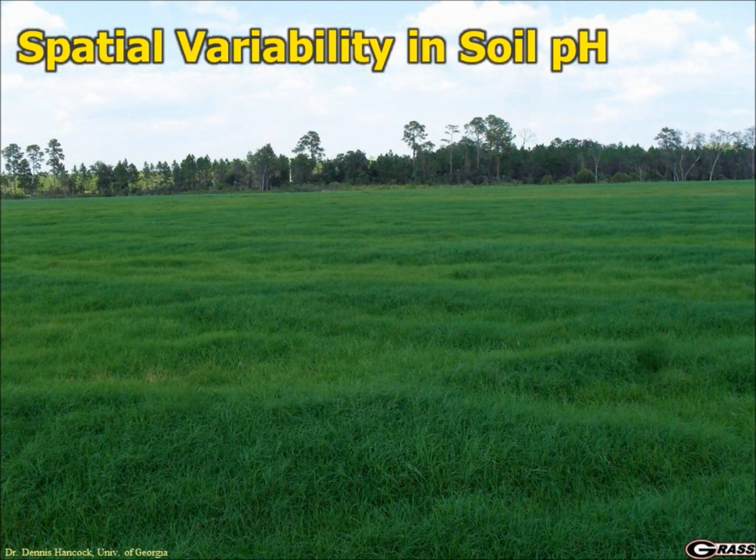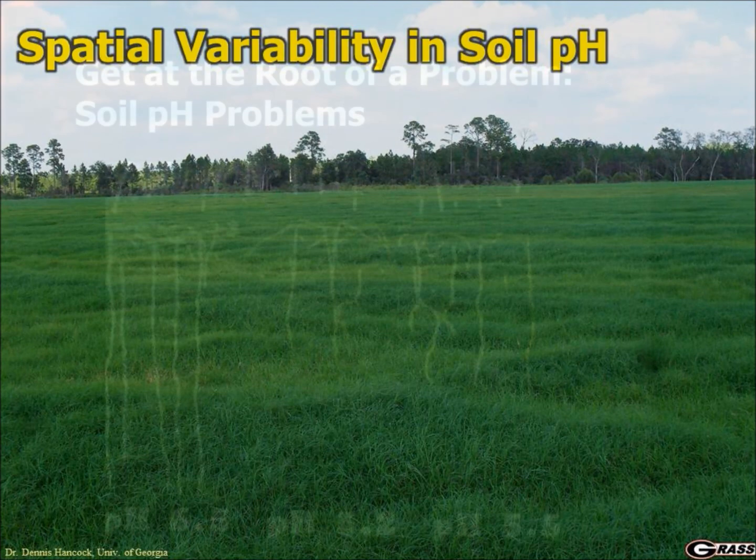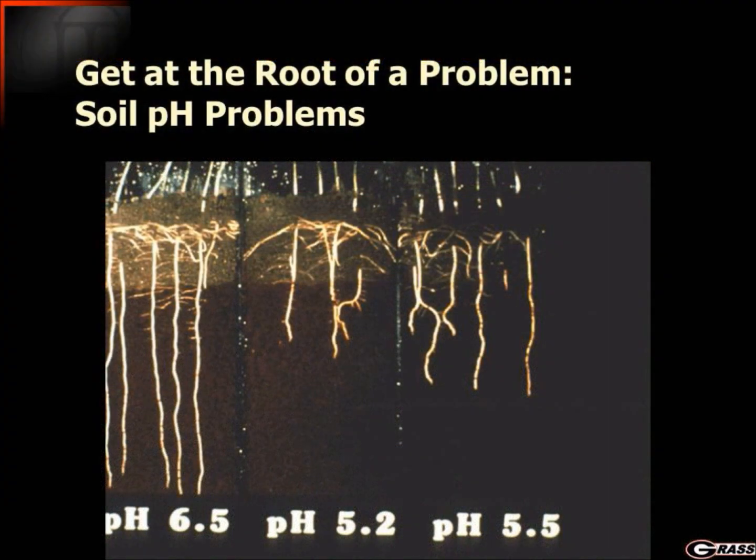Now, the reason I spend so much time talking about pH, particularly in light of dry weather, is because of the effect it has on the root system. Here's a soil pH of 6.5. These happen to be cotton roots, but the exact same thing will happen with bermudagrass roots or any others.